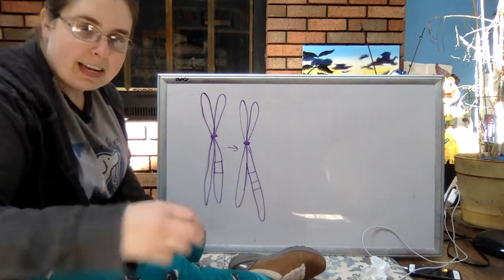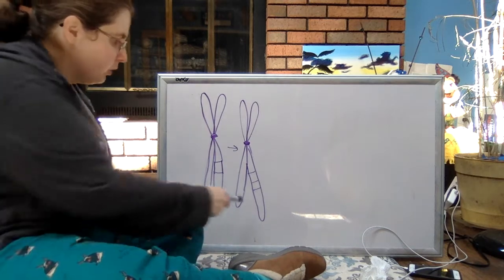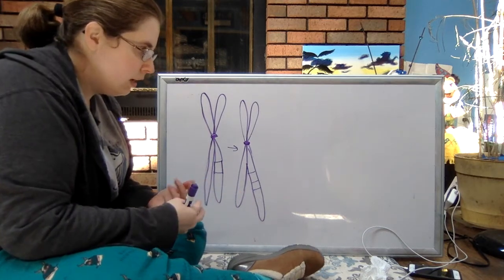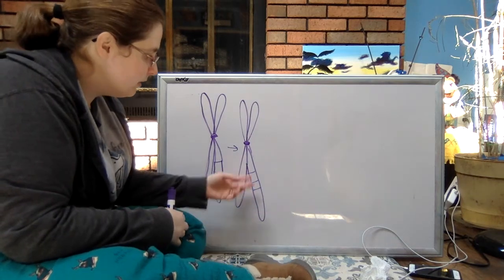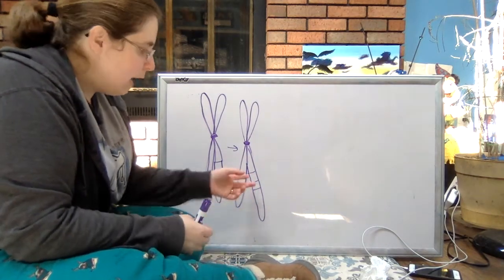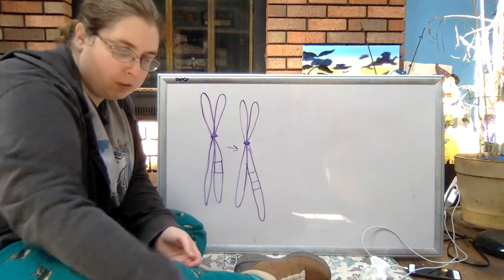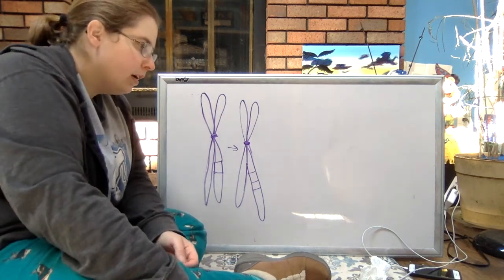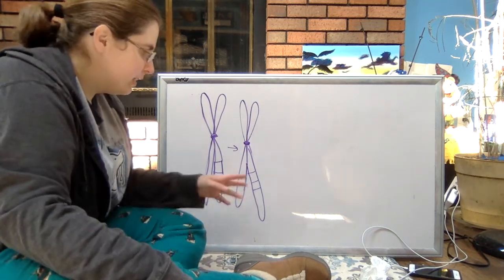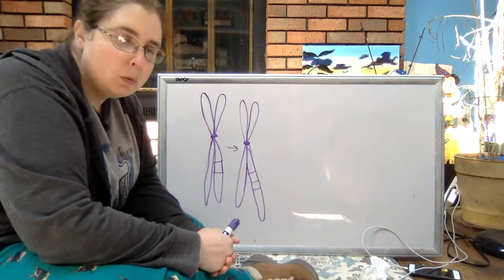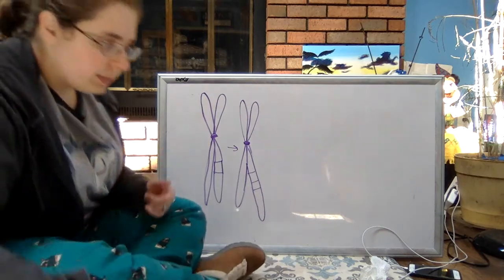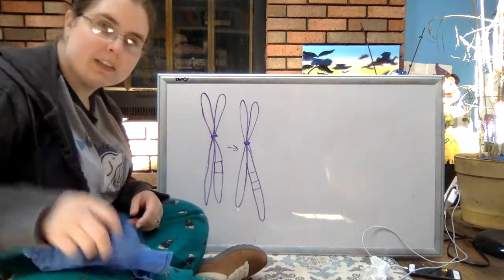Well, again, it's now longer than it should be, so when it goes through protein synthesis, question is, how is that going to be read? Is it going to be read like the normal gene? Is it going to be twice as expressed? Or because of the duplication, is it going to be read at all? Maybe it won't be. So that's what we can talk about in terms of deletions and duplications.